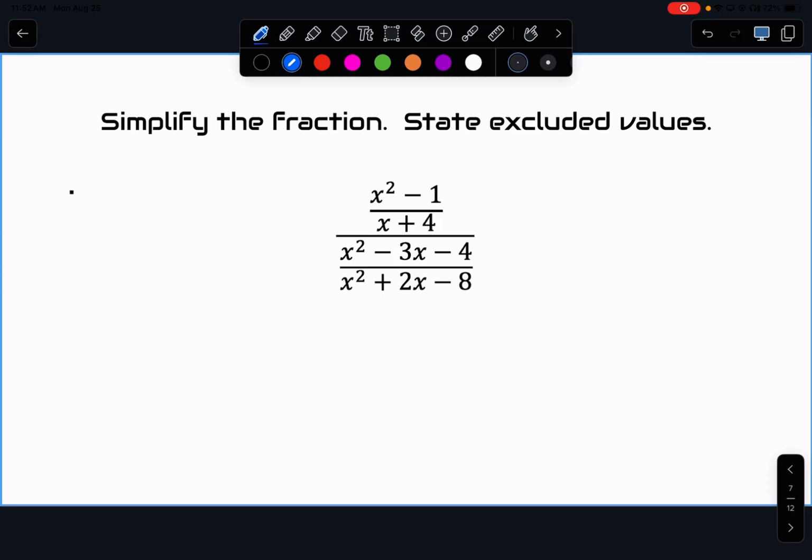Okay, so for this one, instead of writing it in a complex fraction, I'm just going to write it in the horizontal notation. But I want you to write that down right now so that you have the original problem.